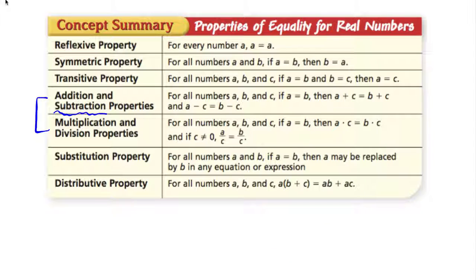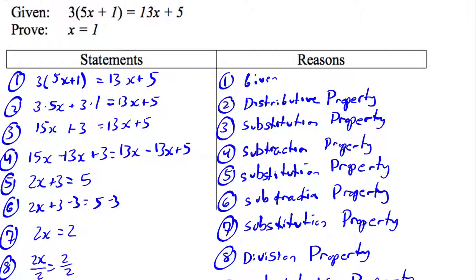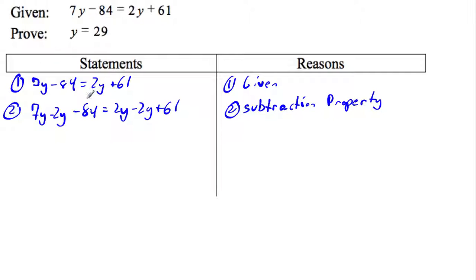If I reorder that, I would be using the symmetric property. So I'd say 7y minus 84 minus 2y, I'd rewrite that as 7y minus 2y minus 84 because of the symmetric property. Now, I'm not actually going to write that because it's not too important for us right now.